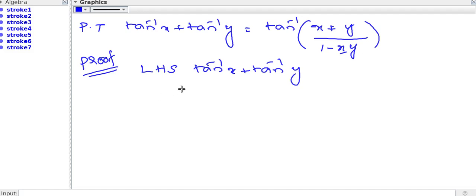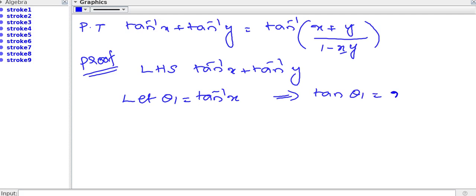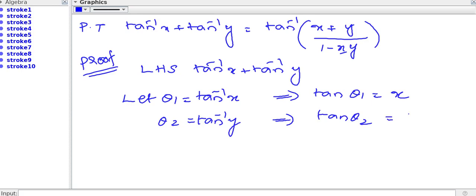So for that I am going to let theta 1 be equal to tan inverse x, first one, so that from that you can find tan theta 1. Tan theta 1 is equal to x, because if theta 1 is equal to tan inverse x, then tan theta 1 should be x. Similarly, let us take theta 2 as tan inverse y, so that tan theta 2 is equal to y.